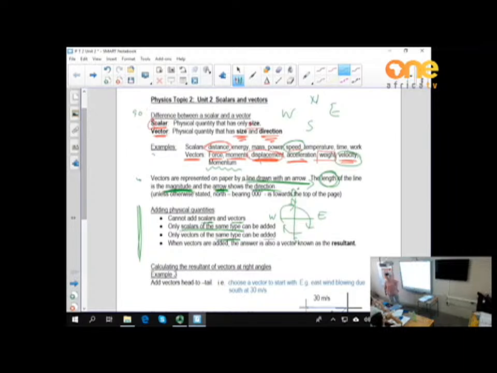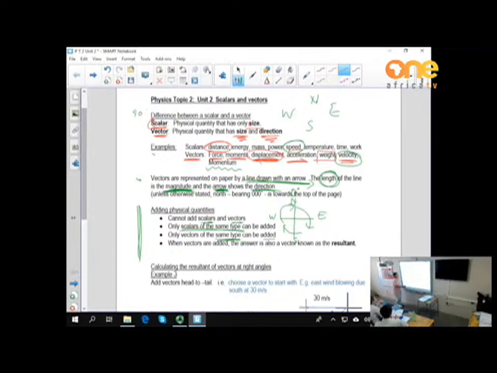And when we start drawing our vector diagrams, if we are working with forces, we can add and subtract the forces. If we work with velocities, we can add and subtract velocities. But I cannot add and subtract a velocity from a force. Okay, it must be of the same type.